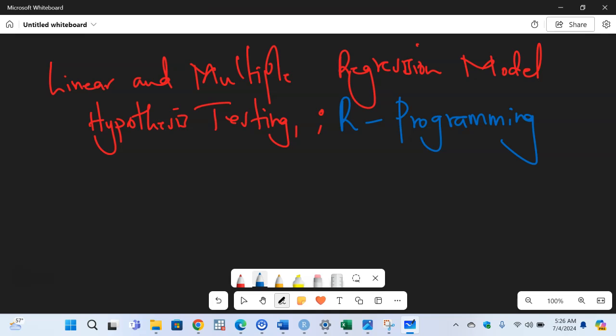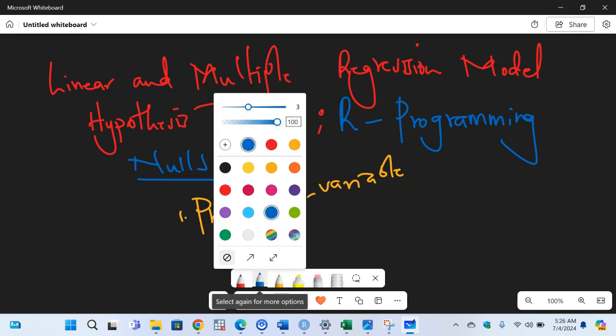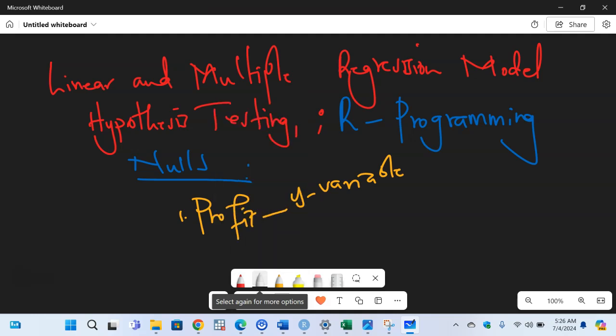So assuming from the data that we had on nulls, we had a variable called profit. This was the y variable.